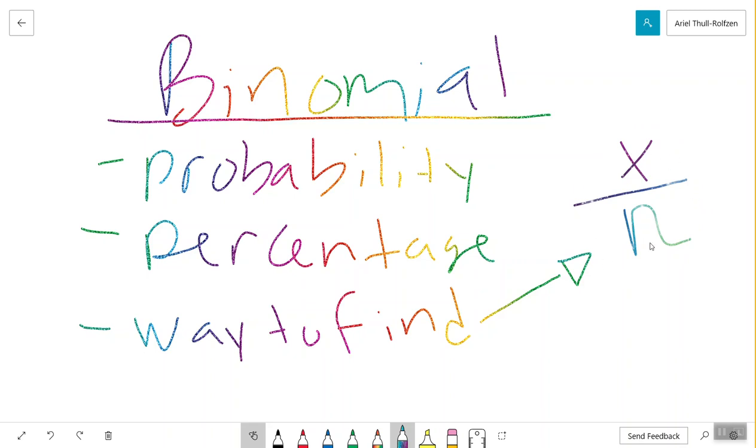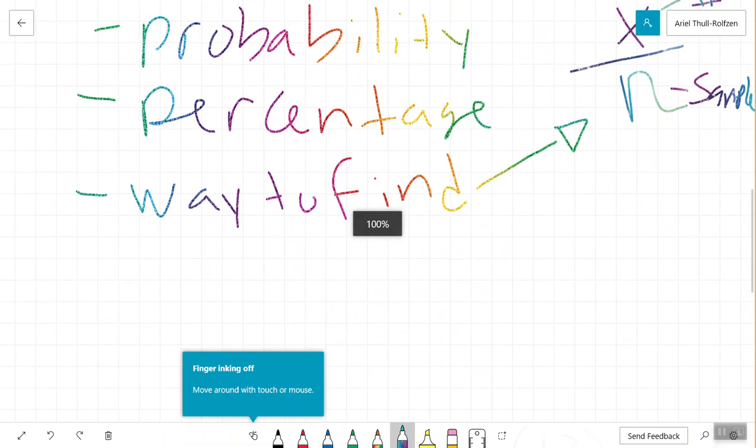For this, we're just taking x number of times something happened out of n, our sample size. So when we take x divided by n, we get a probability that we can convert into a percentage. And that's what we're going to be able to use for binomial distribution.